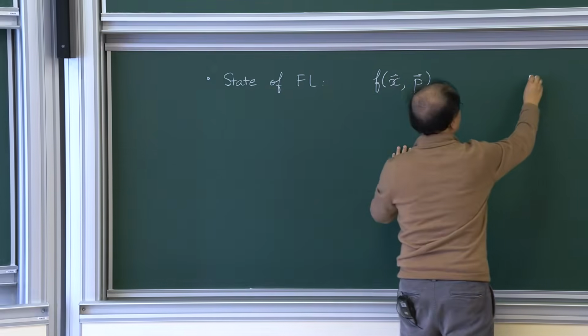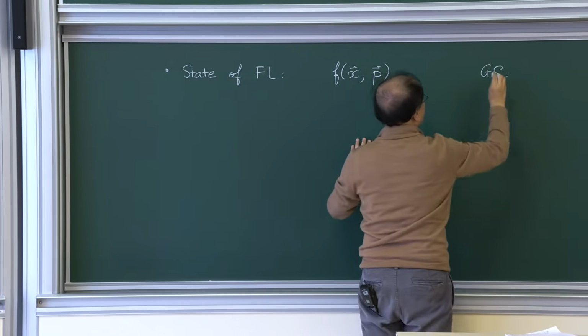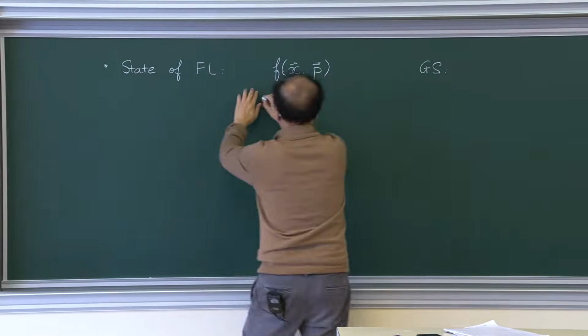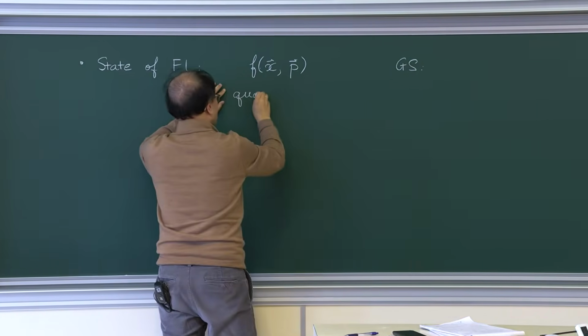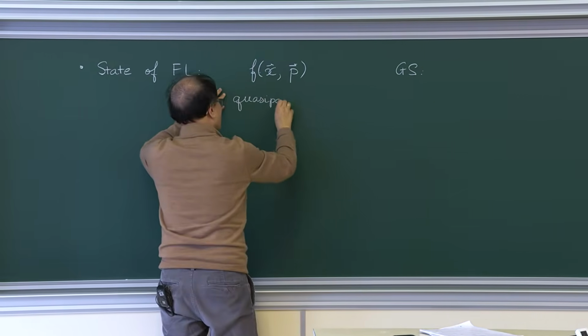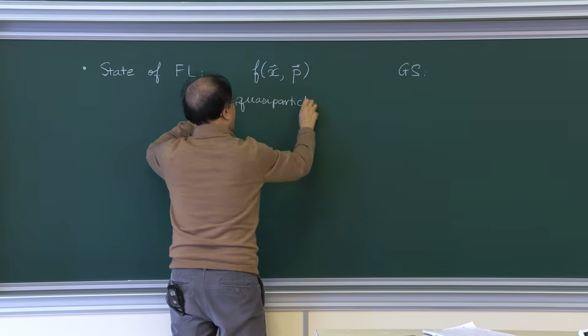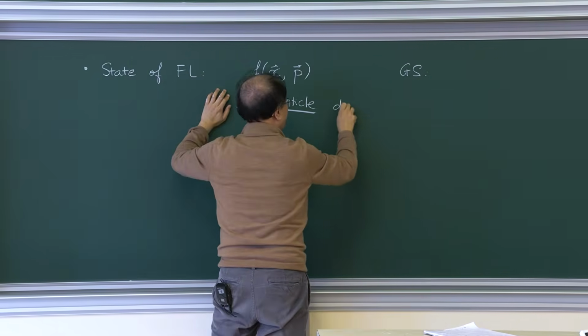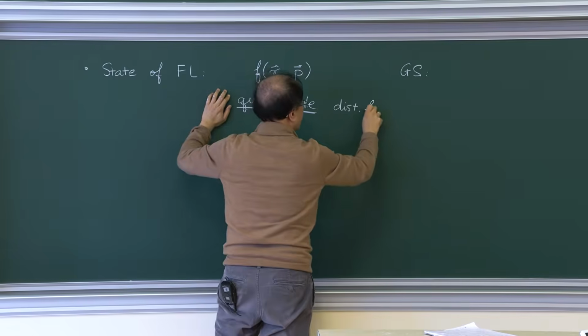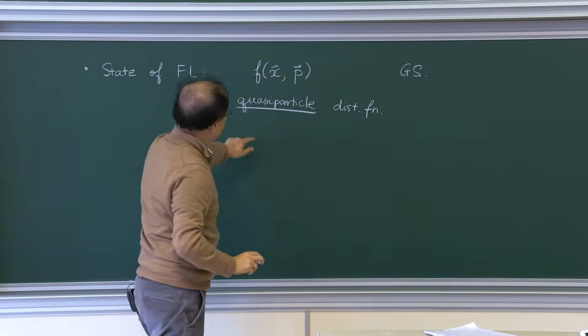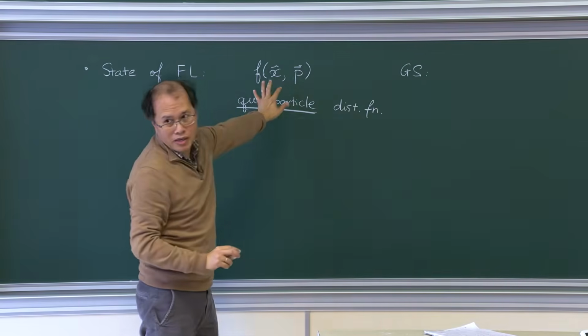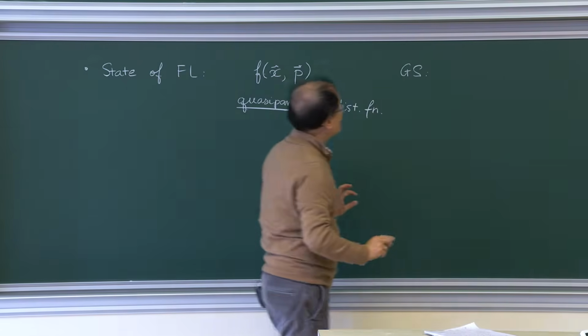So that in the ground state, so this is the quasi-particle. Strictly speaking, it's very importantly a quasi-particle distribution function. Distribution function of the quasi-particle, not the original electrons.